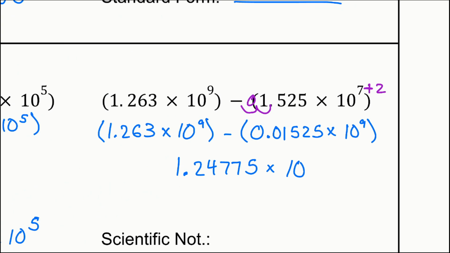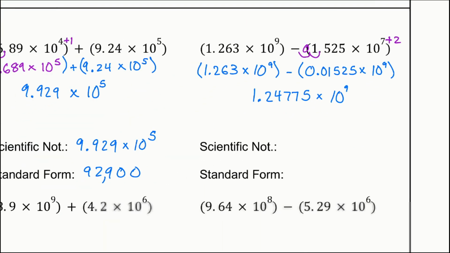And then again, since I don't have to adjust that decimal, we'll keep that 10 to the 9th. Boom, just like that. In standard form, so 1, 2, 3, 4, 5. 1, 2, 3, 4.